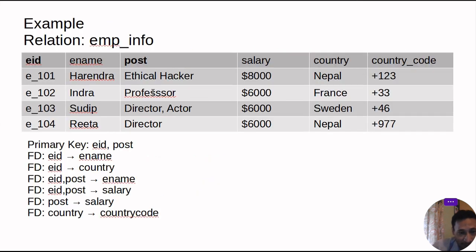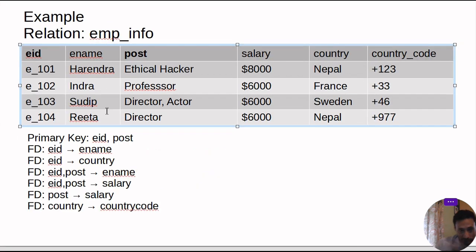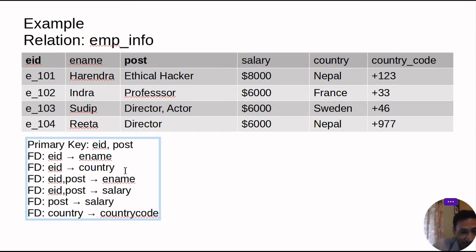Now here in this table, the primary key is made with the help of EID and post. Two different attributes are used to create the primary key, and the given functional dependency is that salary is dependent upon EID and post. But in a real world situation, what we know is salary is dependent only on post.